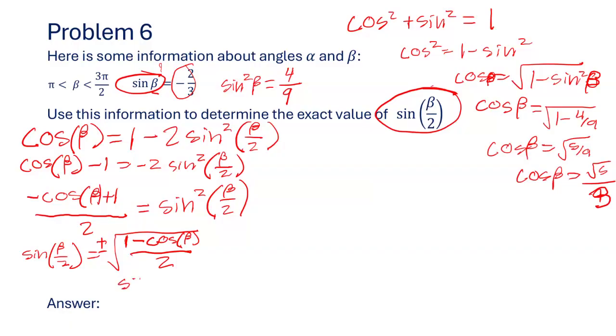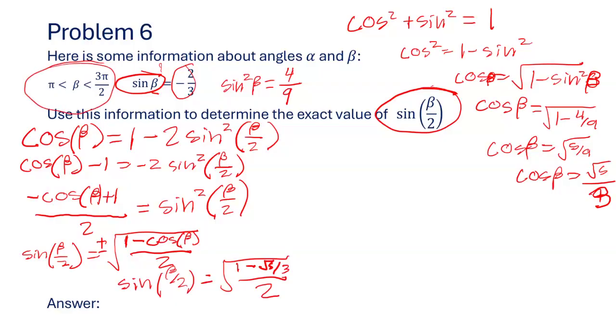So we have sine of beta over 2 equals the square root of 1 minus square root of 5/3, over 2. Okay. Oh, there's one thing I forgot.